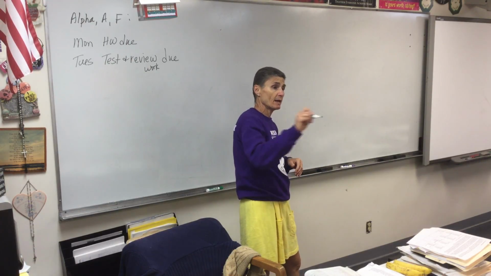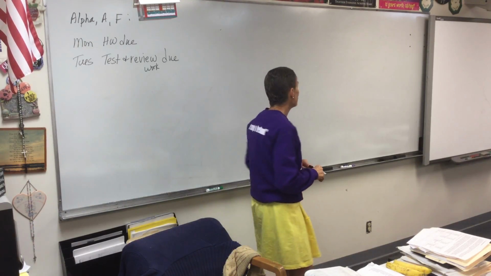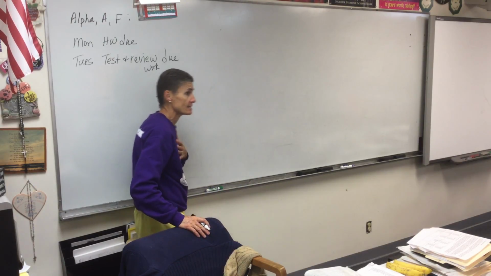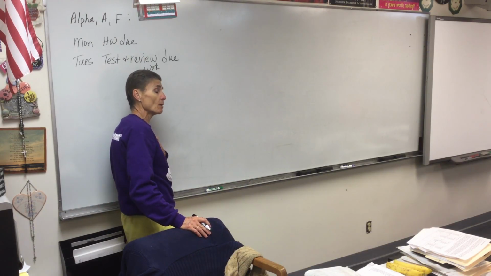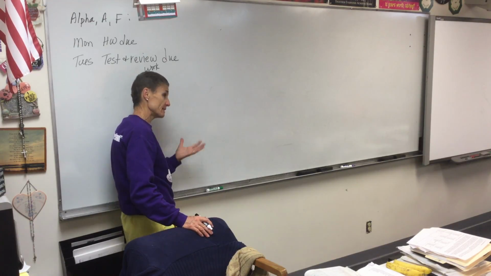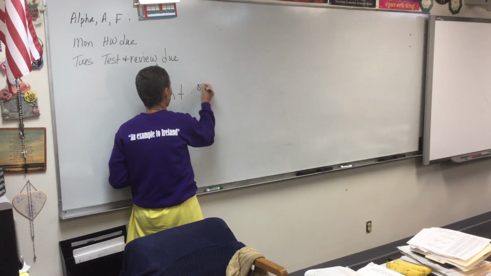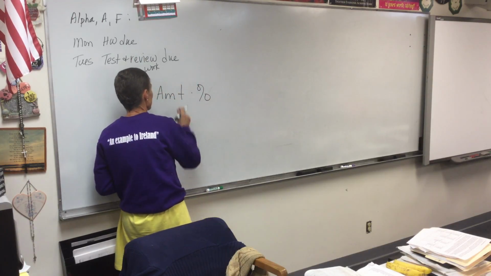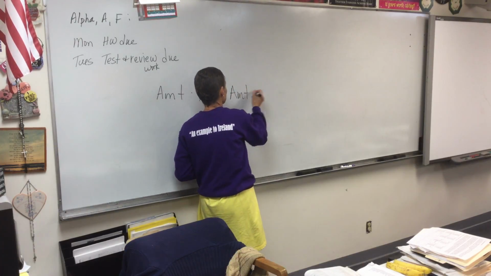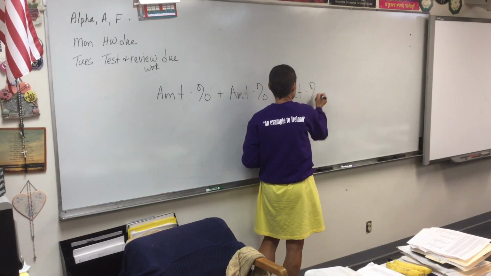Some people set up charts, tables, where you kind of organize everything. My personal preference is, because I'm a little on the lazy side, ultimately I want an equation to solve to get the answer. And the format of that equation will always be amount times percent plus amount times percent equals amount times percent.